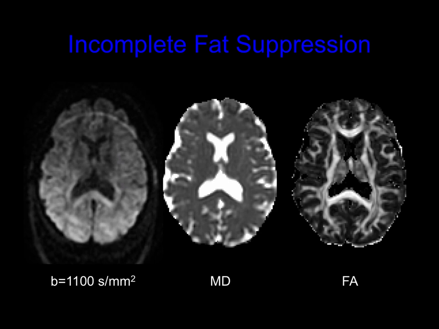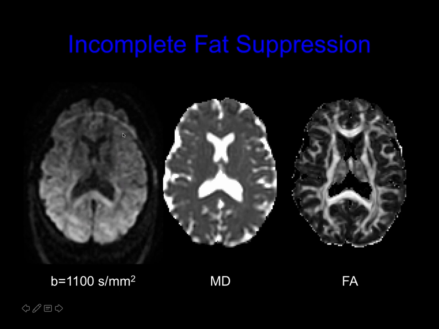And here's another artifact that I'd like to make you aware of that is very common, that people don't always notice or recognize: incomplete fat suppression. The protons on fat resonate at a slightly different frequency than those of water. So in single shot EPI, you get a fat image that is displaced compared to the water image. And this is unsuppressed fat that is right on top of the brain.